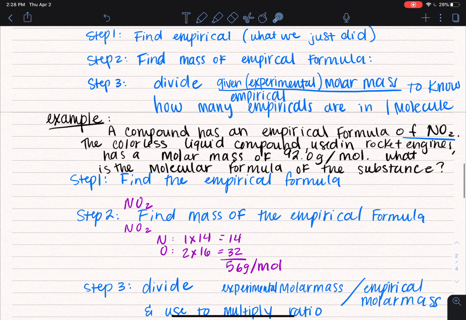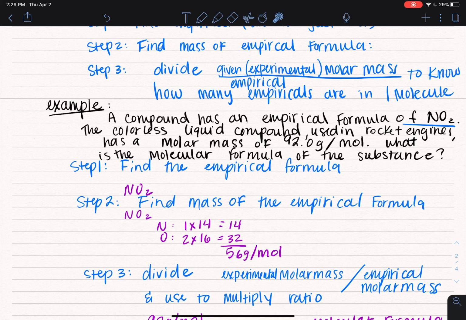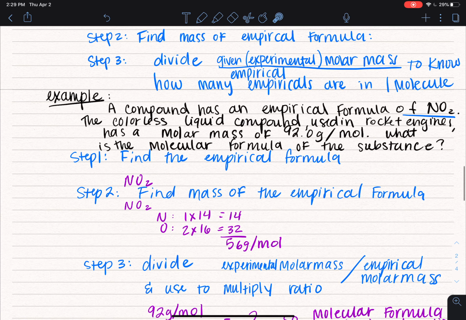All right, so that doesn't make any sense until we actually look at it. It says a compound has an empirical formula of NO2. So this is my ratio, 1 to 2, okay? This colorless liquid compound used in rocket engines has a molar mass of 92 grams per mole. So the actual molecule weighs 92.0 grams per mole.